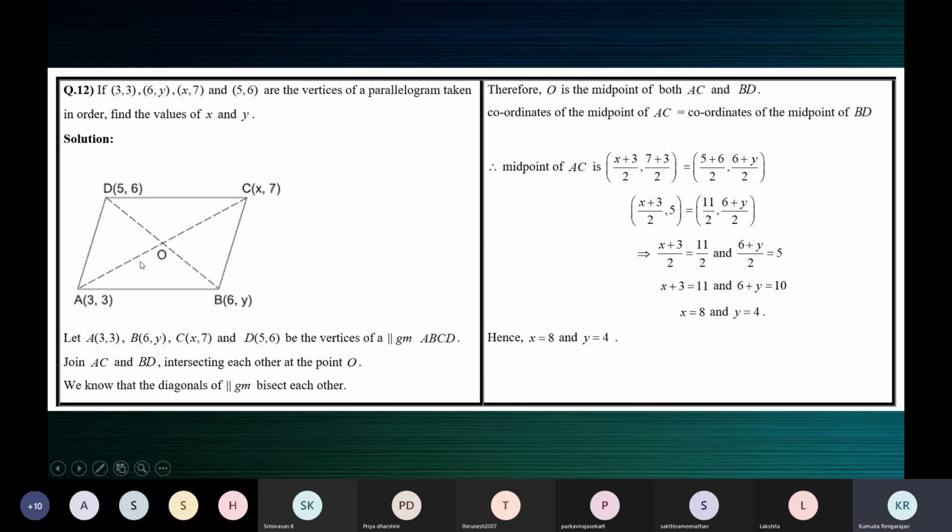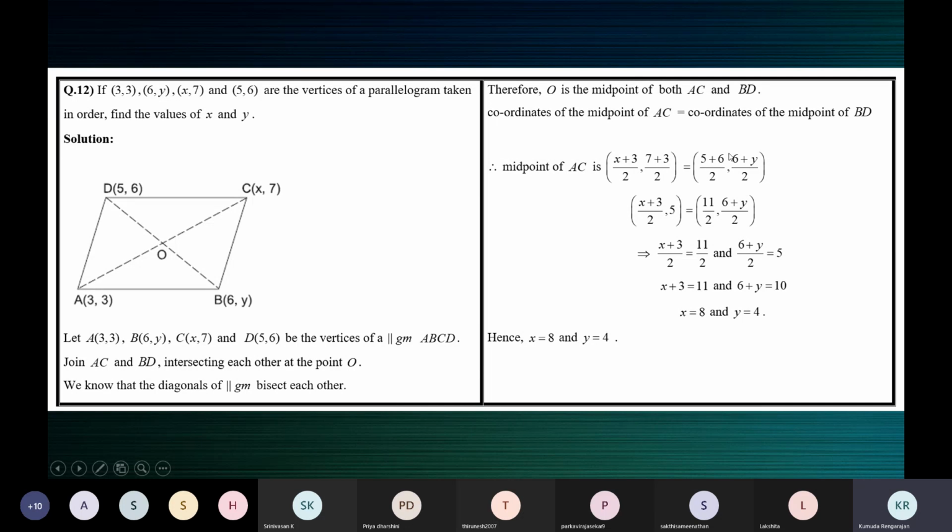So to find the coordinates of O using AC, 3 plus x by 2 or x plus 3 by 2, comma 3 plus 7 by 2 or 7 plus 3 by 2. This is the x coordinate of O. This is the y coordinate of O. If you use B and D, 6 plus 5 by 2, comma y plus 6 by 2 or 6 plus y by 2. Simply add the x coordinates, divide by 2, add the y coordinates, divide by 2.